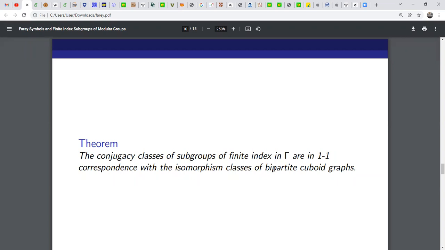That is, a bipartite cuboid graph may not determine a unique subgroup of finite index, but up to conjugation, the subgroup determined is unique. So this was the central theorem of the paper, and so the conjugacy classes of subgroups of finite index are in one-to-one correspondence.